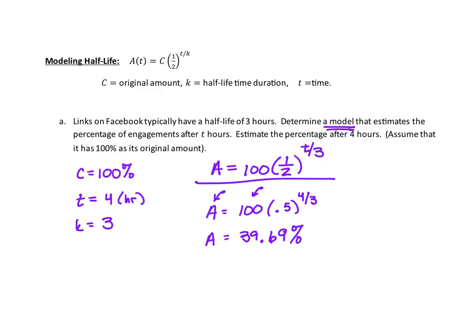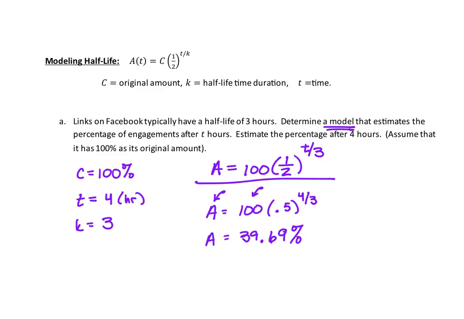You can also convert that into assume it has 100 engagements initially. Because if we do convert it to a decimal, well then our final answer is going to be 0.3969. And then we have to convert that back to a percent. And so all we're doing is taking a little bit of a shortcut in order to skip the convert one way and then have to convert it back.